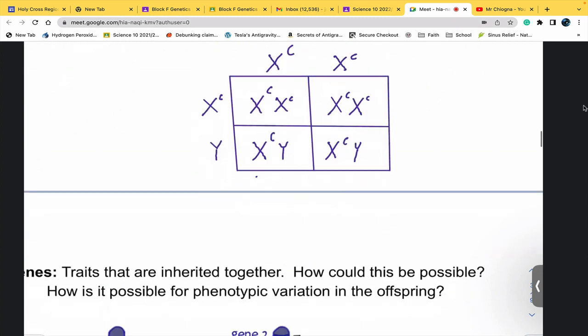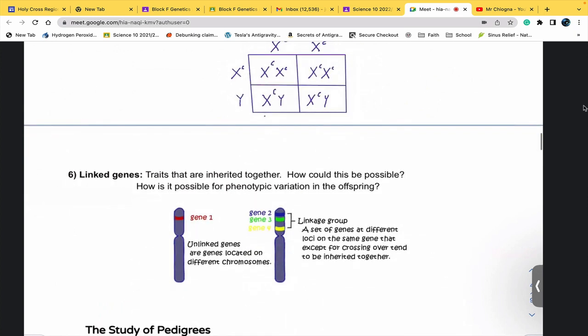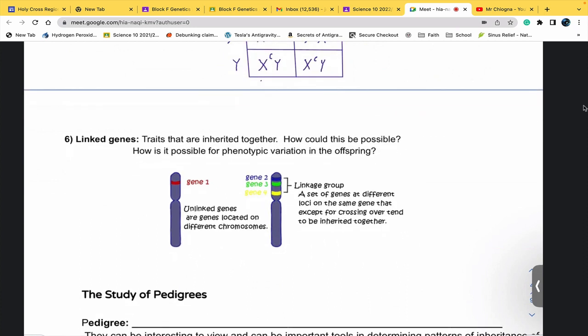Okay, let's go on here. Let's read what it says. Okay, so next, linked genes, what are they? They're traits that are inherited together. So how is that possible? It's possible because these genes are actually physically linked.